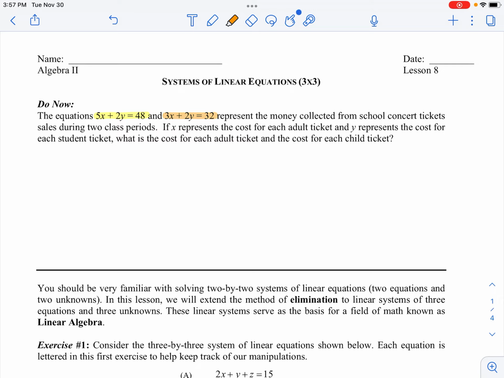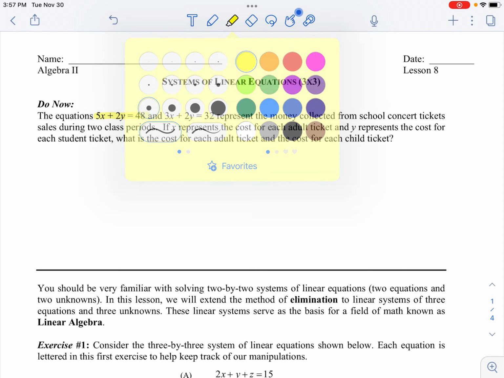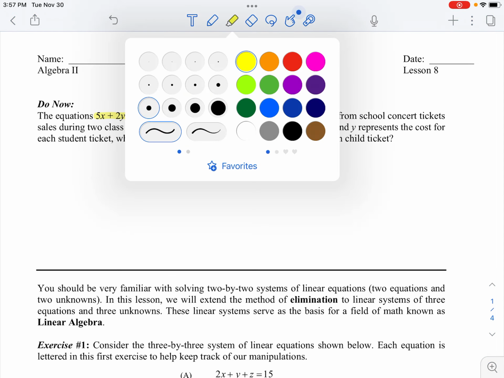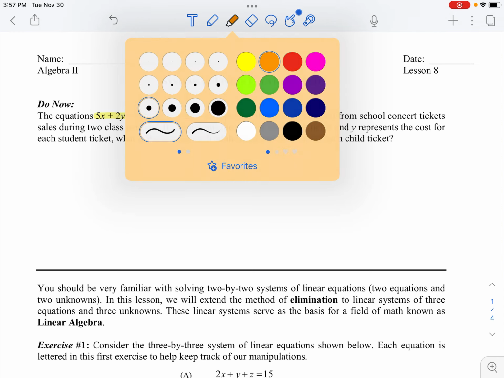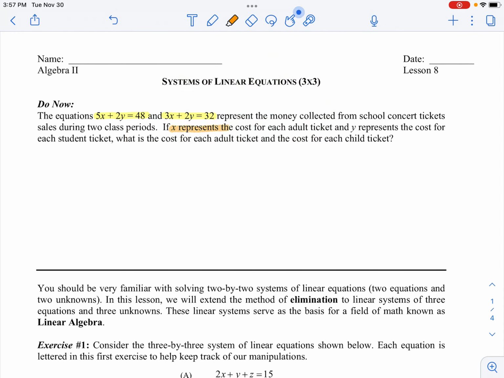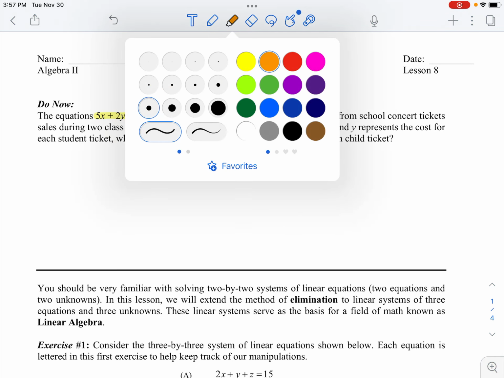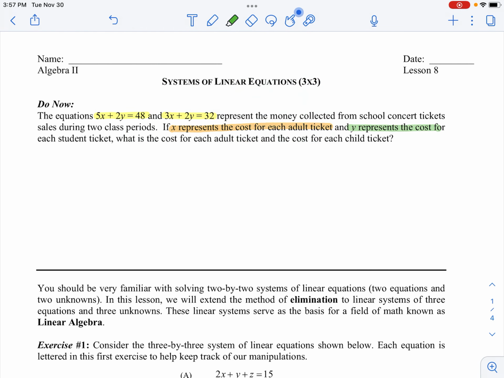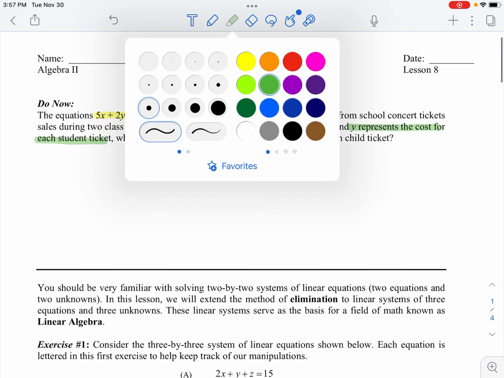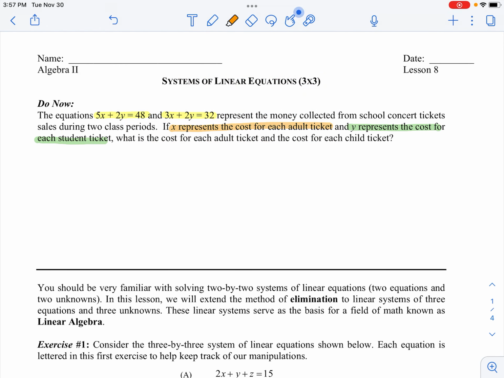They tell us that X represents the cost of each adult ticket, and Y represents the cost for each student ticket. We're being asked to find the cost of each adult ticket and the cost of each child ticket. So we're going to end up needing to find both X and Y.